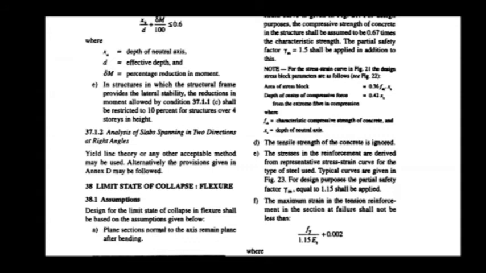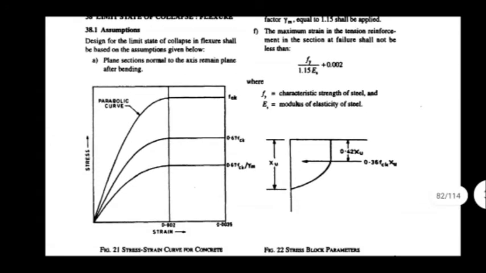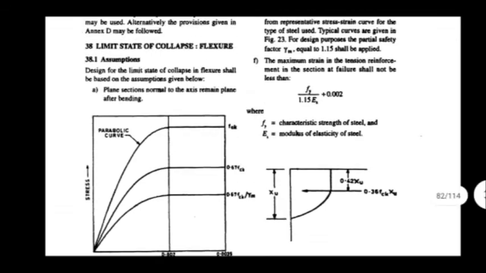The area of the stress block is 0.36 fck xu, and the depth of the center of compressive force is 0.42 xu. Let's see the figure. This area is 0.36 fck xu, and from the top fiber the distance is 0.42 xu. Okay, so this is clear.